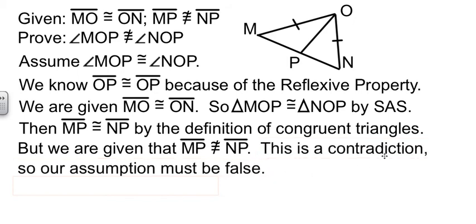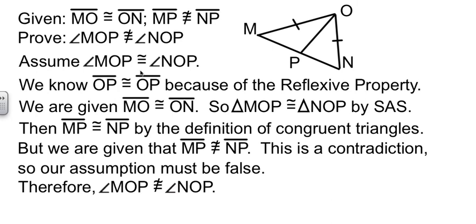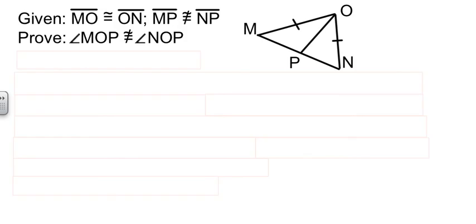So that's a contradiction, which means our assumption was false. Well, if our assumption was false, then MOP must not be congruent to NOP. Okay. Thought so.